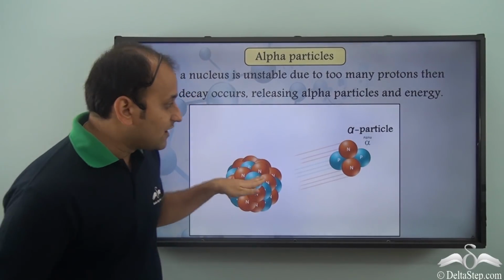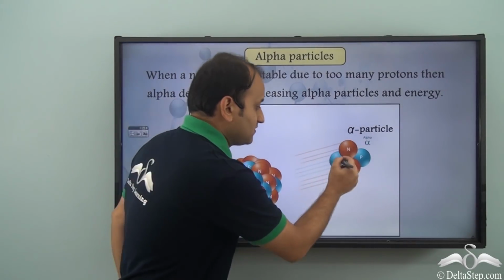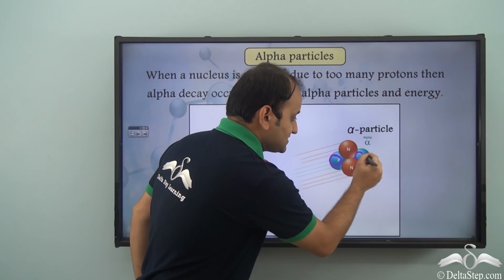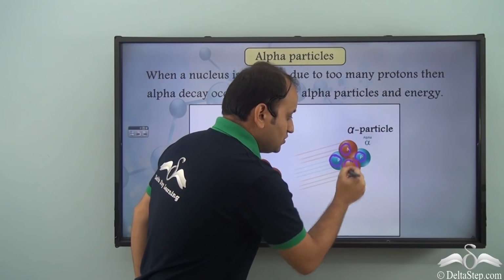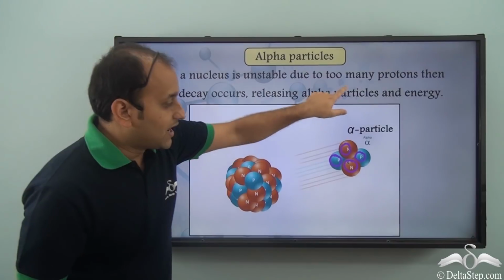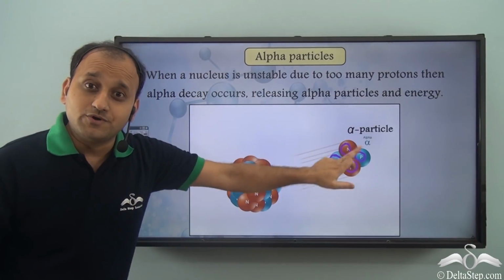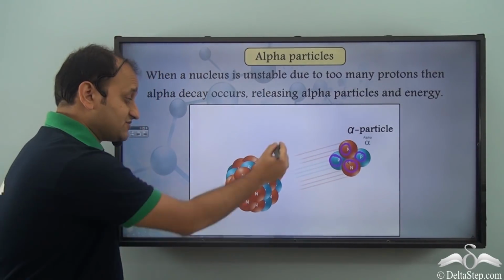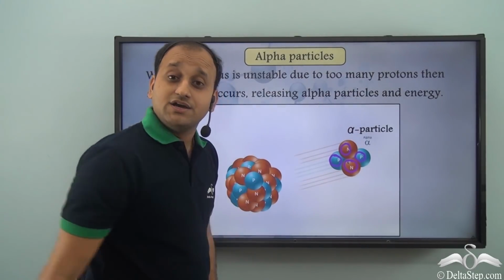So when an alpha particle is released, we have 2 protons and 2 neutrons. An alpha particle contains 2 protons and 2 neutrons that is released by an unstable nucleus.